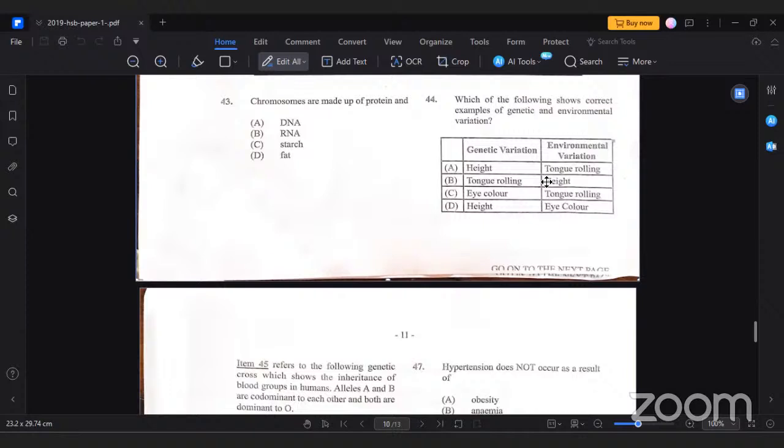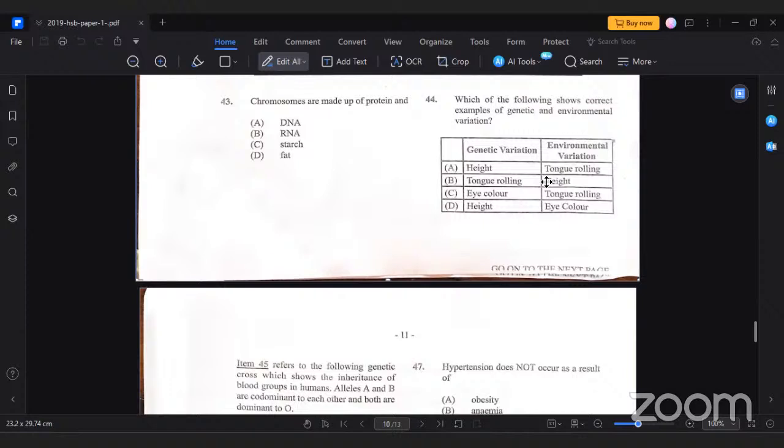However, we will try and work with it. 43, chromosomes are made up of proteins and is it A, DNA? Is it B, RNA? Is it C, starch? Or is it D, fats? Which is your answer? Now the answer is A, DNA.